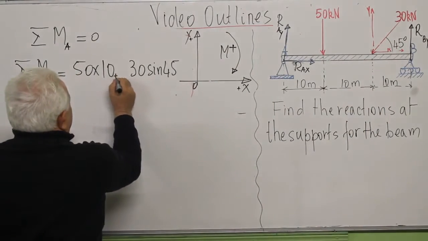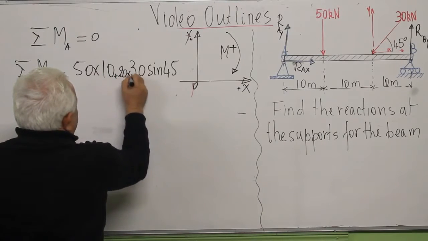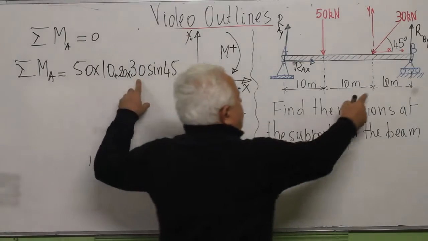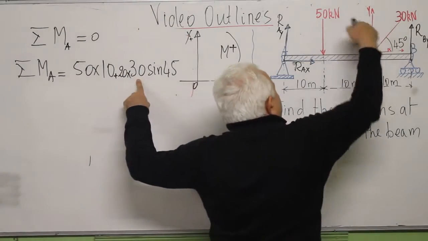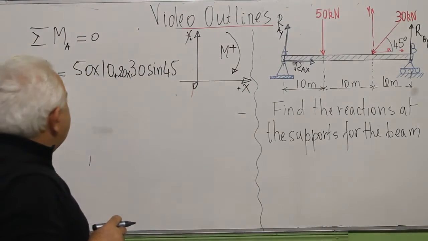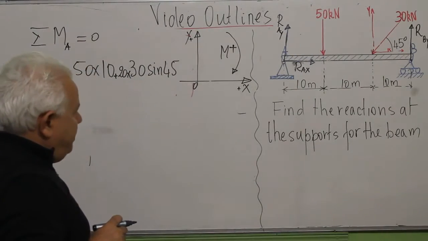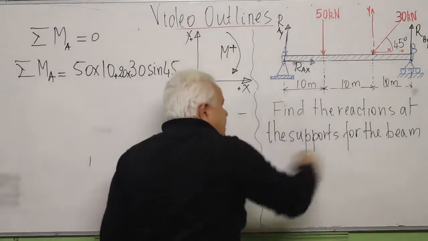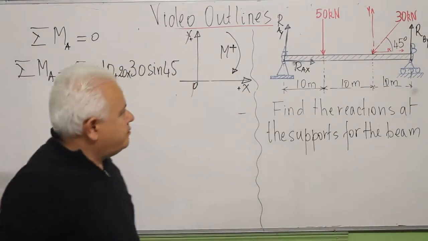So plus 20 times the vertical component, which is 30 kilonewtons sine 45. And this force is acting down, that means it is turning clockwise.